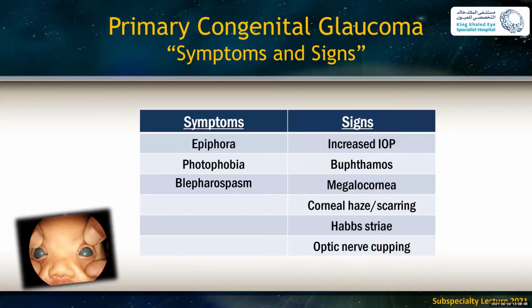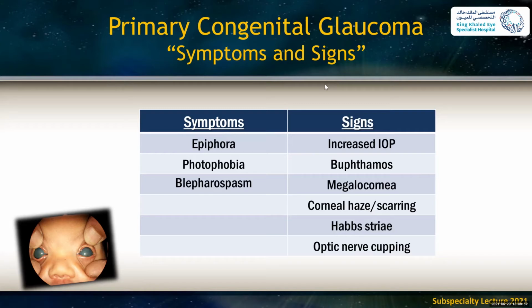And the signs: although for the measurement of intraocular pressure, to have a good measurement, you need a calm or quiet child, which can be achieved through either general anesthesia or sedation if he's more than 3 months, or through fasting the child for 3 hours or so, and then you give him his meal, and then you can do most of your examination in a quiet and very reasonable way.